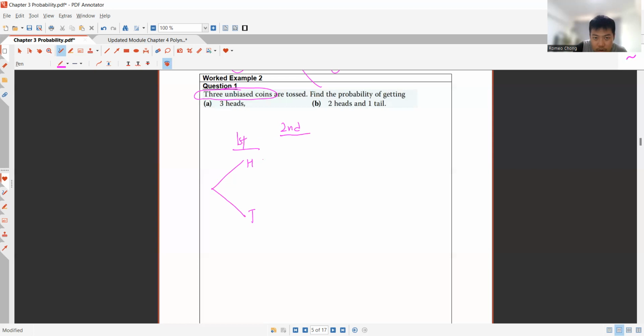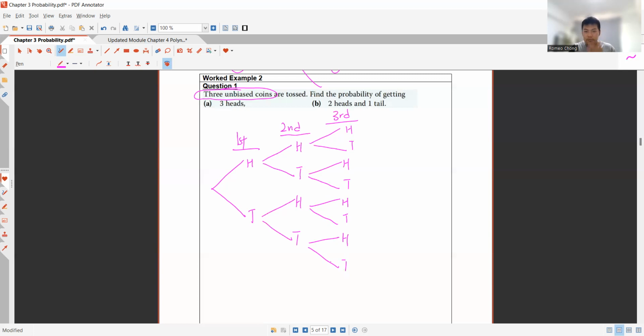So for the second coin, you also have 2 possible outcomes, which is H and T. Then when it comes to the third one, we still do the same thing. From the first one, you get 2, and then 2, and then 2, and then 2. Then write down the letters HT, HT, HT, HT, HT.